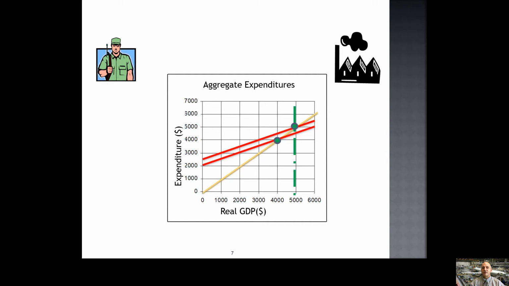So the business cycle is essentially this movement around the full employment level, and Keynes believed that we could actually manipulate this business cycle by influencing one of those four sectors.